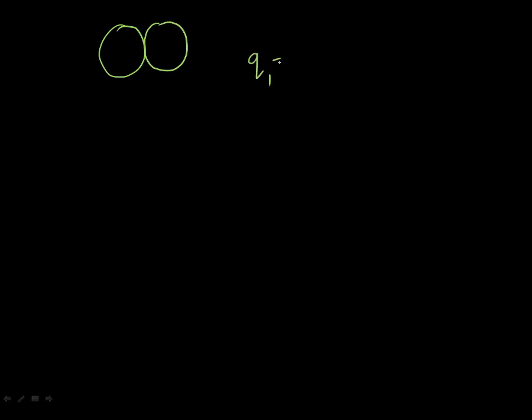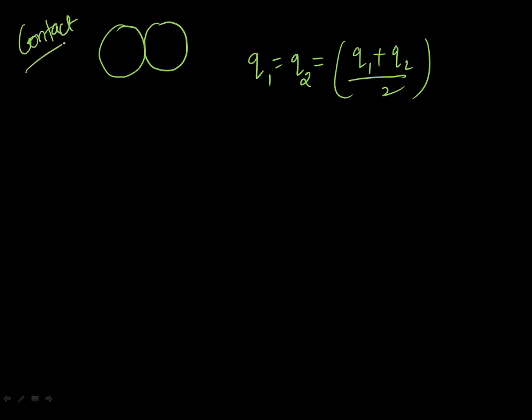Because of that, charge starts flowing from one sphere to another sphere, until they attain equilibrium, that is, the charge value becomes equal, which will be the average value of the charges. So average is nothing but adding those two charges and dividing by 2. This will be the new value of Q1 and Q2, which are equal with one another when they are in contact with each other.